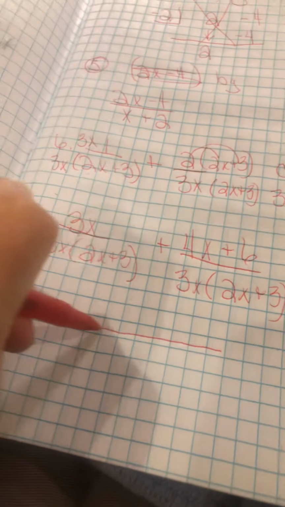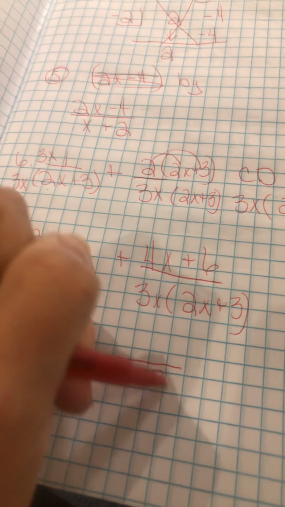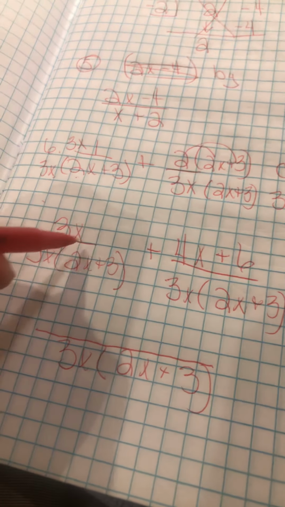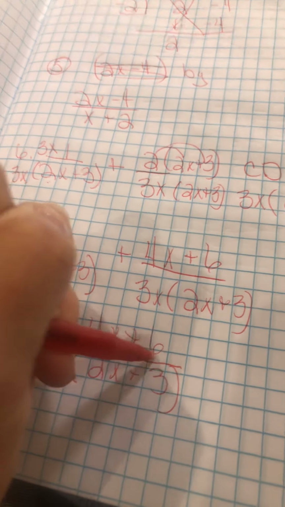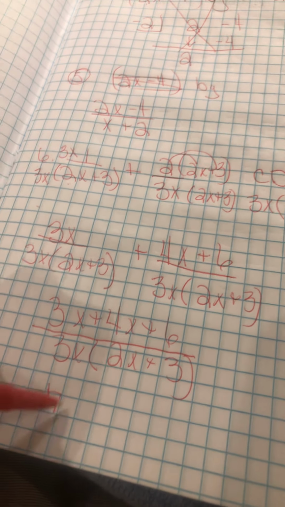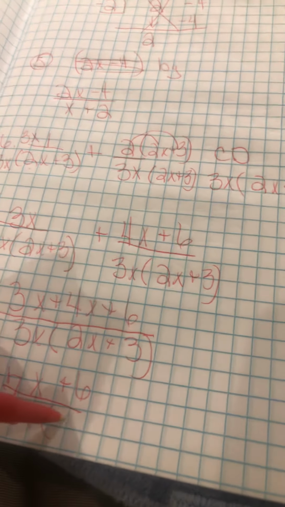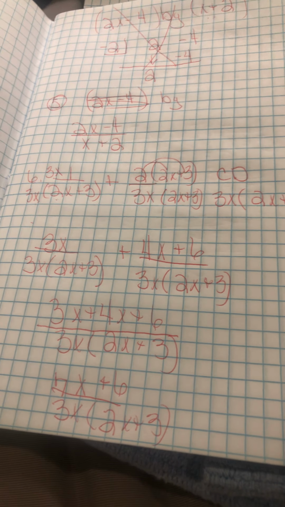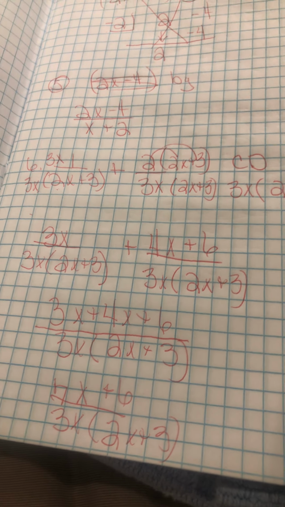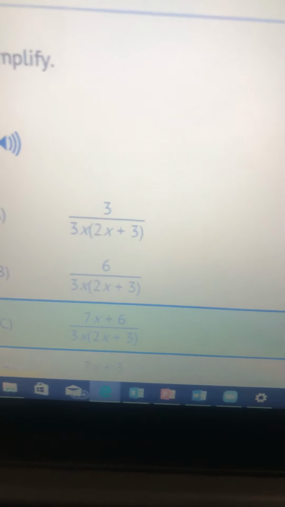Okay, so our common denominator is going to be 3x, 2x plus 3, and then we're going to combine our like terms. 3x plus 4x plus 6 becomes 7x plus 6 over 3x, 2x plus 3. So we see here our answer is going to be 7x plus 6 over 3x times 2x plus 3.